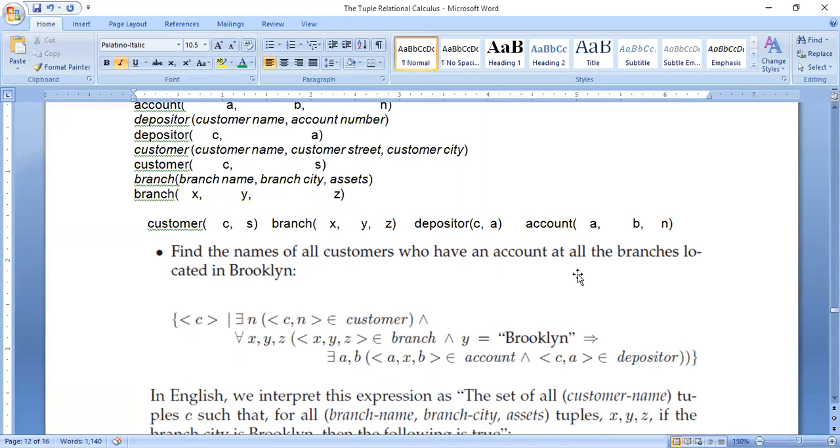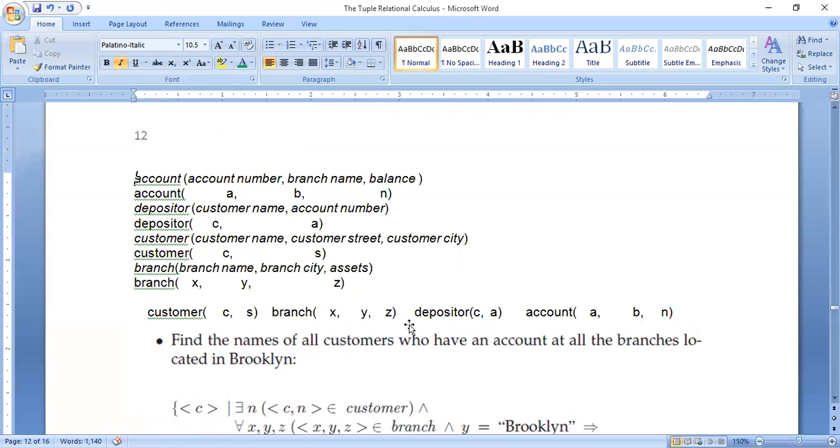Whenever there is a term like at all the branches, then we use the implies operator, and instead of the existential qualifier we use the for all qualifier. Now how do we write this query? We want to find the names of customers, so the names will come from the customer table.